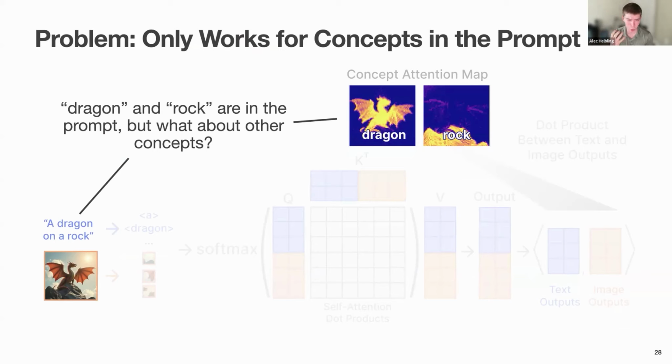And then also as a tool for investigating and interpreting a model, you don't want to have to change the prompt in order to visualize concepts. That kind of hurts its efficacy as a tool for interpretability. So what we really want to be able to do is visualize any concept.